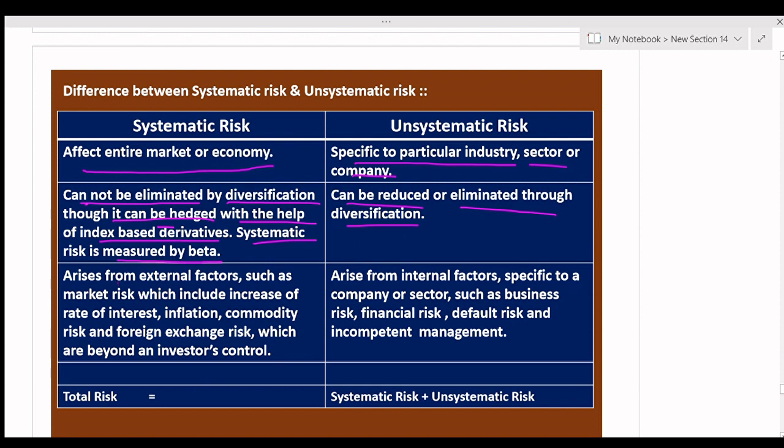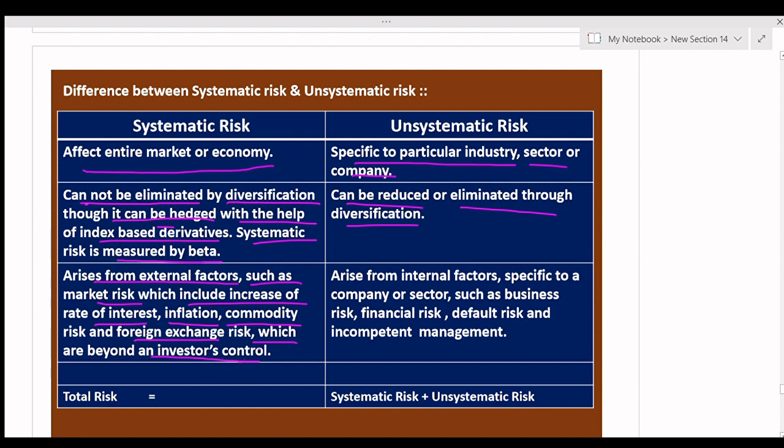Now systematic risk arises from external factors such as market risks, which include increase of rate of interest, inflation, commodity risks and foreign exchange risks, which are beyond an investor's control.